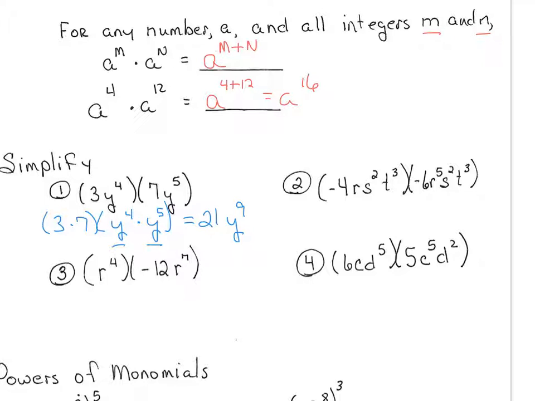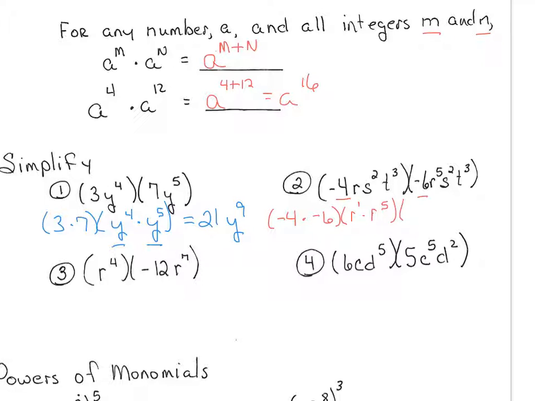Same thing over here. I can multiply the constants together, -4 times -6. Then we would have our r times r to the 5th, and if there is no number there, we know that a 1 is understood.